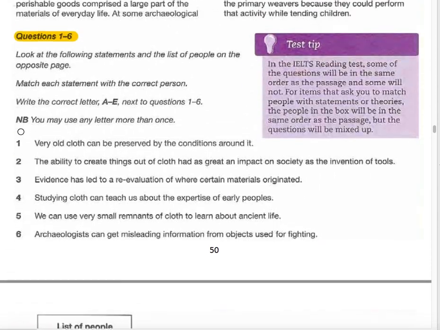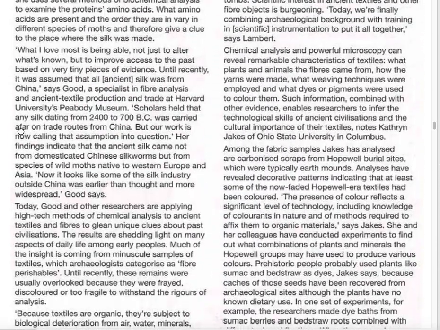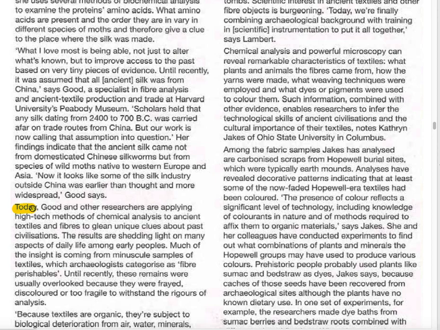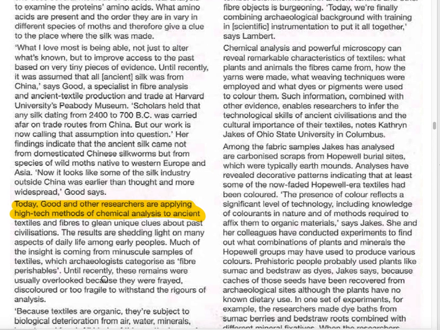So if question 7 is in this paragraph right here, question 8 has to be next. It can't be above. Let's say question 8 is here.